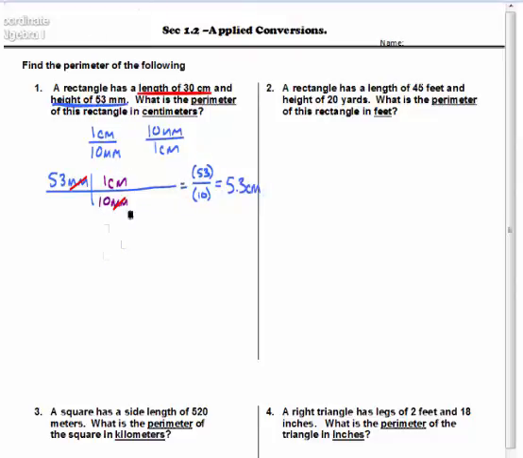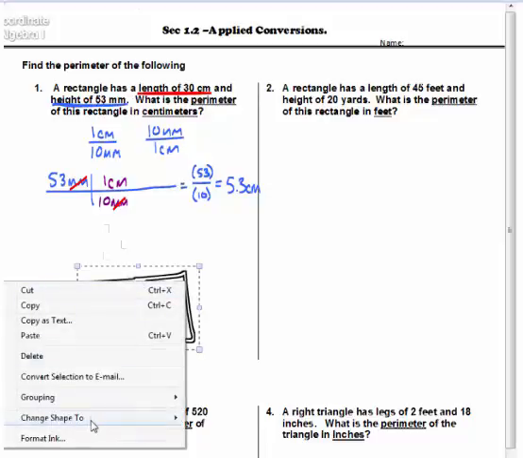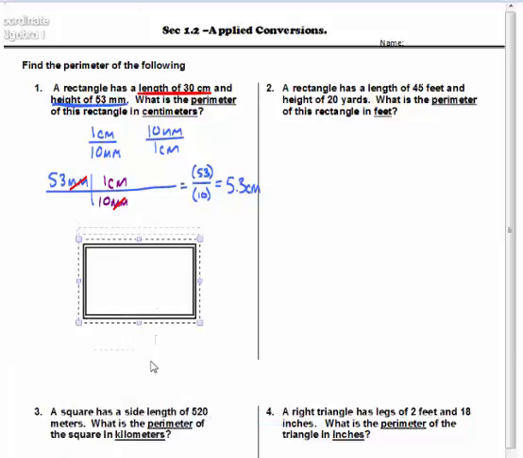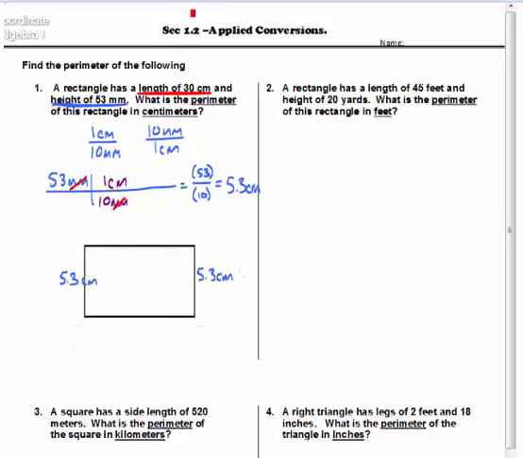Now if I can draw a rectangle, so we have a rectangle now, we could say that the height we just determined to be 5.3 centimeters, and we have 5.3 centimeters over here, and we know the length is 30 centimeters.